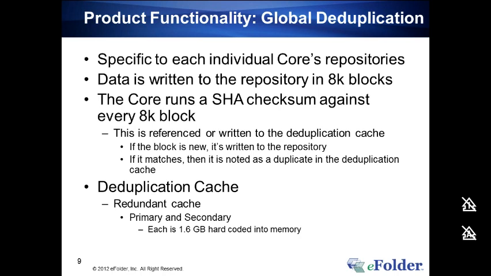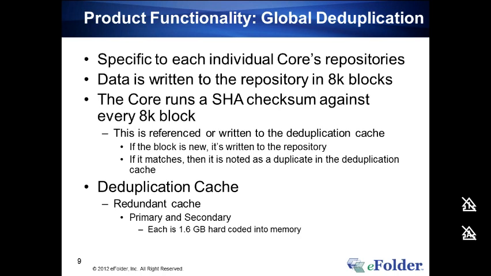The core runs an SHA checksum against every 8K block. So as far as the question, yeah, I get deduplication, yeah, I get great compression, but is my data safe and secure? Yes, it is. We're replicating this data over SSL 3.0 encryption, and we also run SHA checksums against every 8K block. So it doesn't get much better than that.